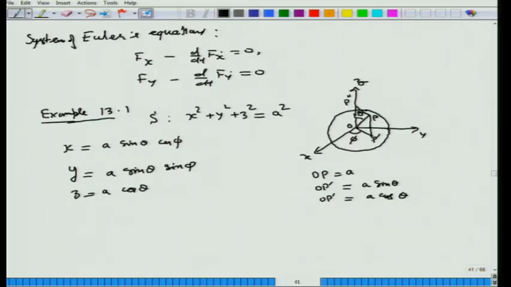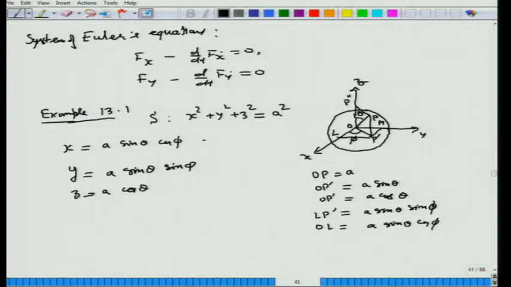And this x coordinate will then be, let us say this is L and this is M, then L P dash, that is the y coordinate, is a sin theta sin phi, and the projection of OP dash on the x axis, similarly OL, is a sin theta cos phi.